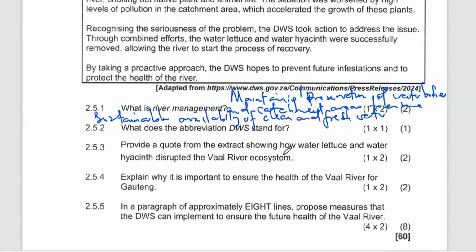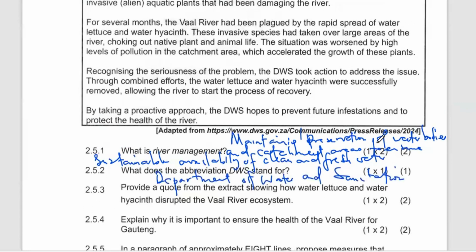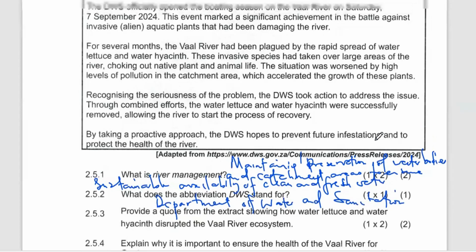Right, what does the abbreviation DWS stand for? That is the Department of Water and Sanitation. Next, provide a quote from the extract showing how water lettuce and water hyacinth disrupted the Vaal River ecosystem. We can check in the text.